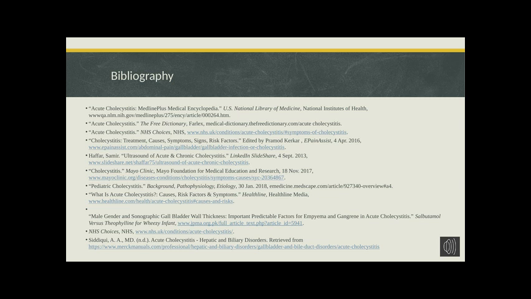I just provided some basic knowledge like what the disease is, some causes, how we can prevent it, some treatment, some basic knowledge of acute cholecystitis. But if you want to know about the details, I suggest going to those links.